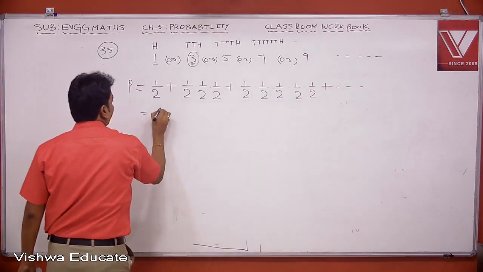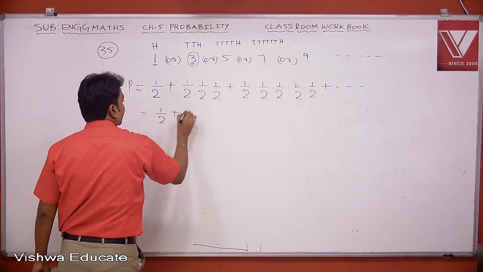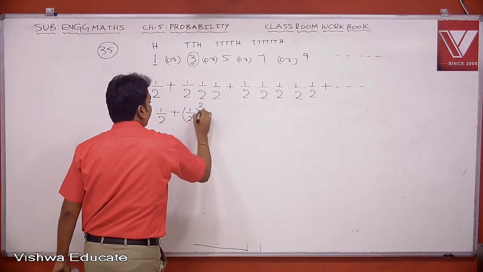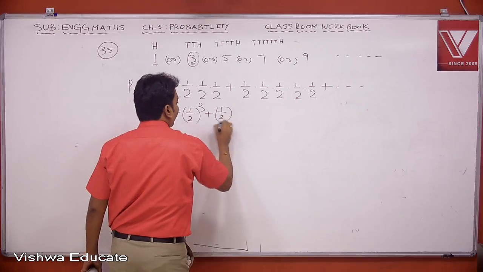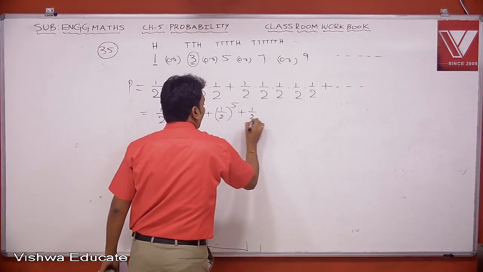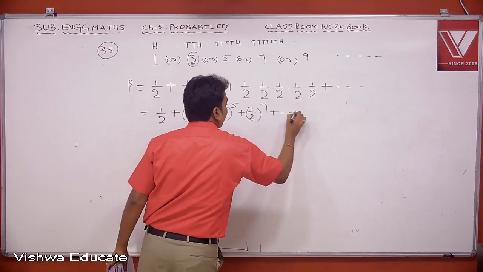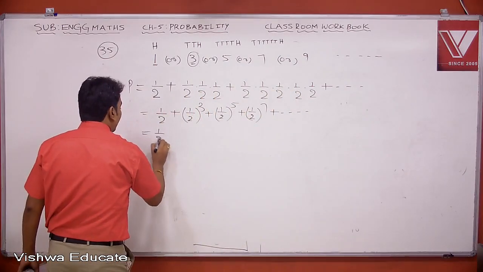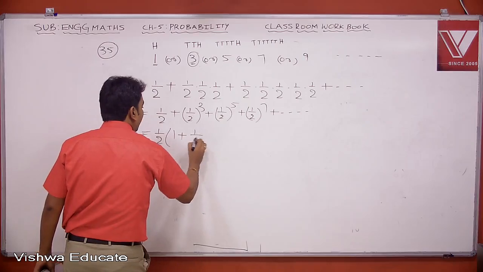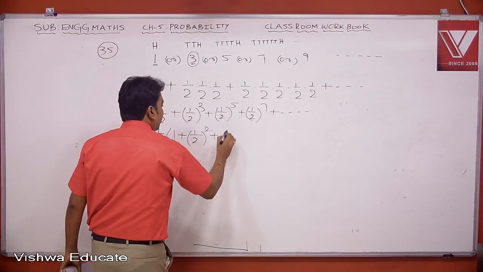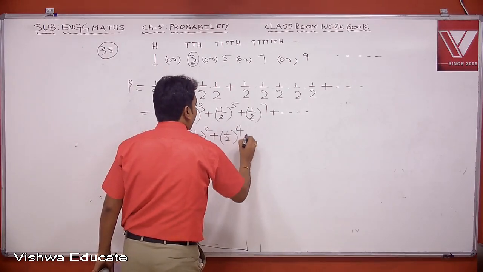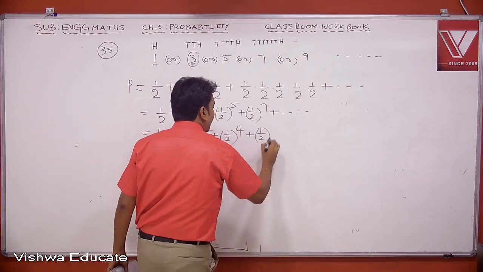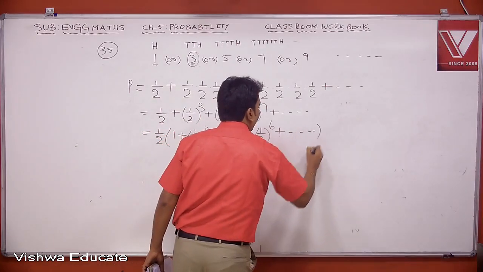So therefore this is 1 by 2 plus 1 by 2 whole cube plus 1 by 2 whole power 5 plus 1 by 2 whole power 7 plus and so on. Now it is an infinite series. Now you can take 1 by 2 common. This is 1 plus 1 by 2 whole square plus 1 by 2 whole power 4 plus 1 by 2 whole power 6 plus and so on.